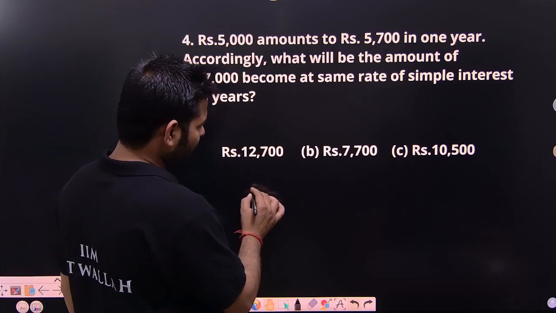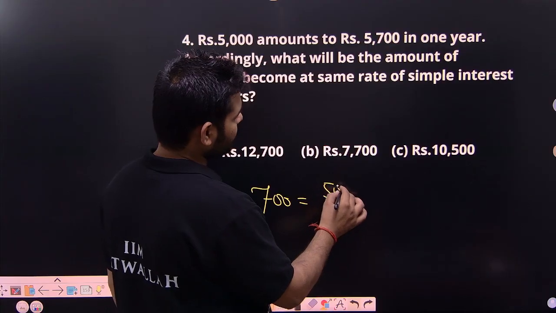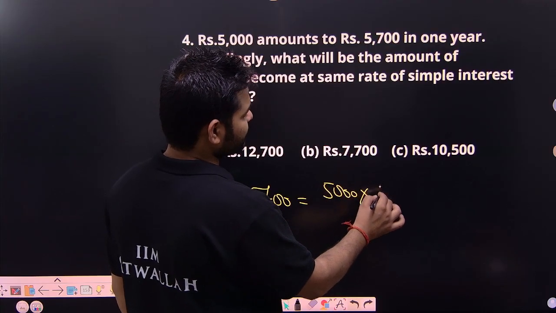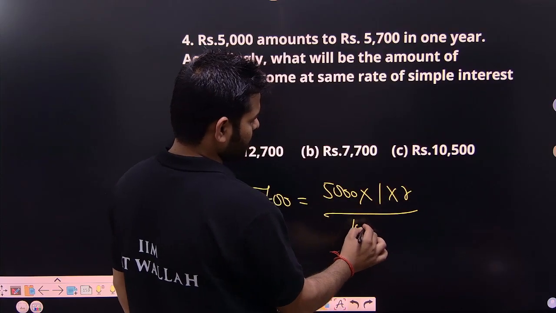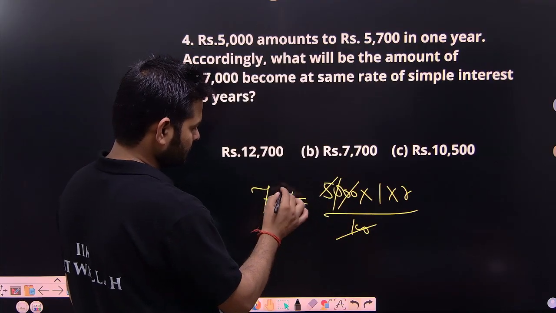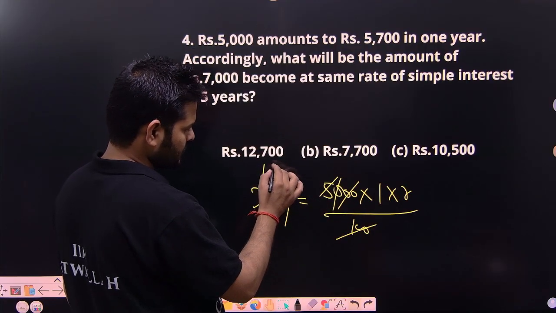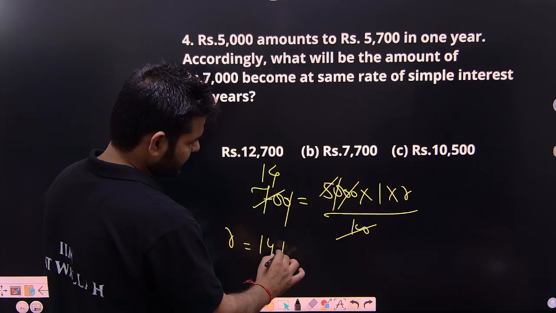We have the formula SI is equal to principal times rate times time, and time is 1 year. Rate we don't know, so from here you will get the rate as 14%. So the rate of interest is 14%.